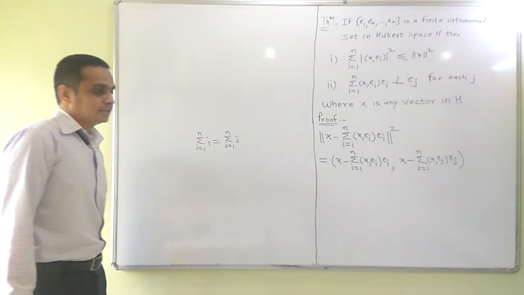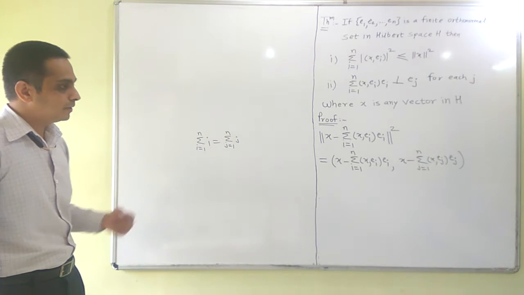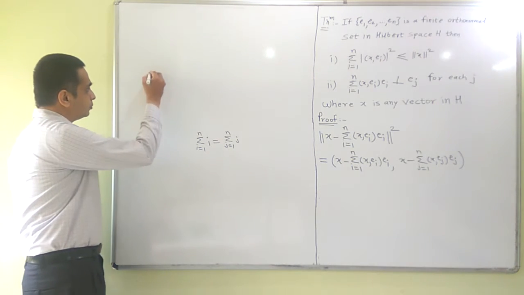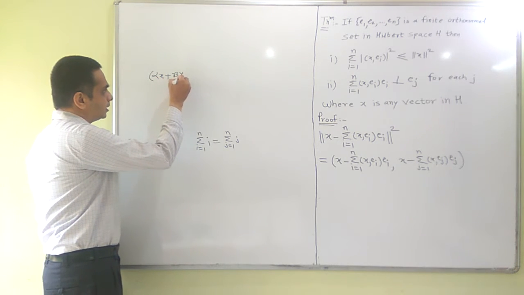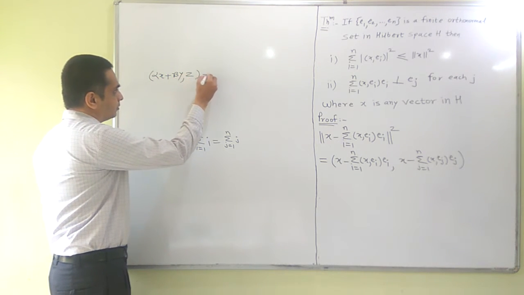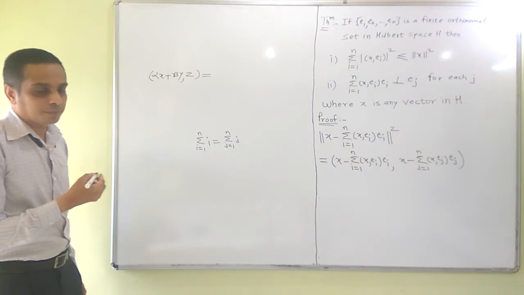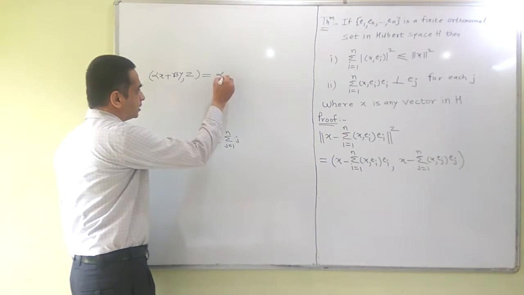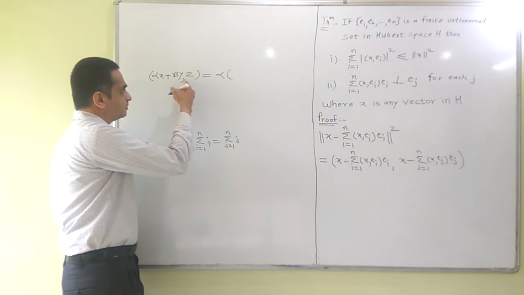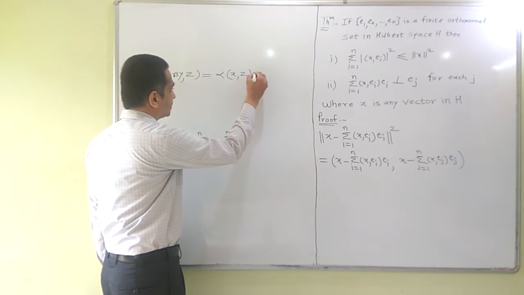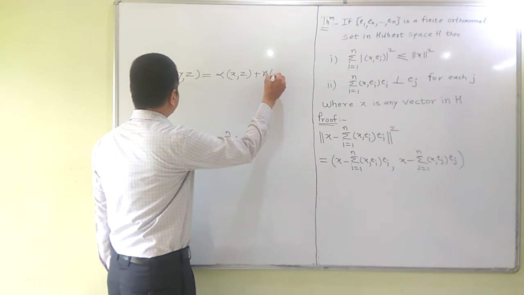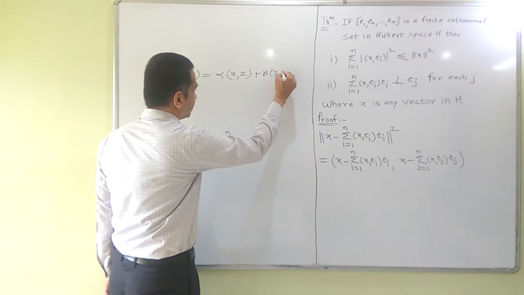Now, to simplify this inner product, we have to use two properties of inner product. We often use these two properties. The inner product of alpha x plus beta y and z equals alpha times inner product of x, z plus beta times inner product of y, z.